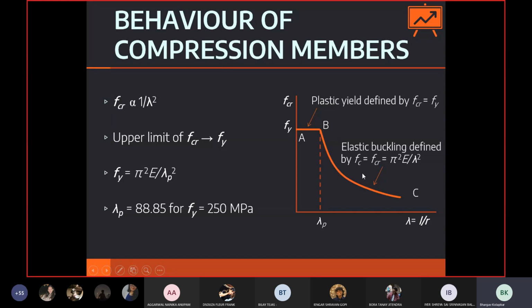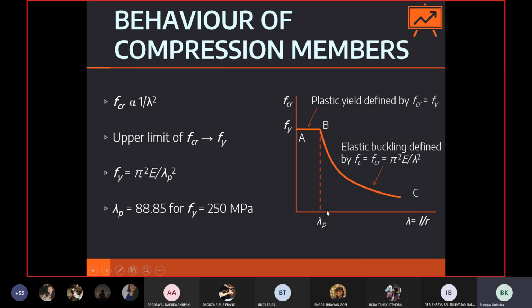This is a failure envelope, so our stress will always be within this curve. The point at which the transition occurs is this point P, and the slenderness ratio corresponding to point P is represented by lambda P. Any column that has a slenderness ratio less than lambda P is a short column. Any column that has a slenderness ratio greater than lambda P is a slender column.